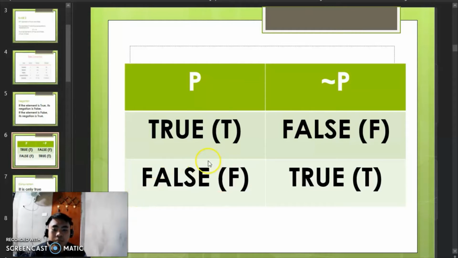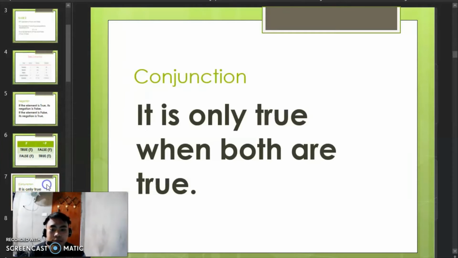Okay, so bago natin sagutan yung given na P and Q, alamin muna natin yung guidelines to consider in using conjunction. Diba kapag conjunction, we have this. Ang symbol po ng conjunction ay yung inverted V. So, the rule in finding the truthness and falsity of conjunction, it is only true when both are true.